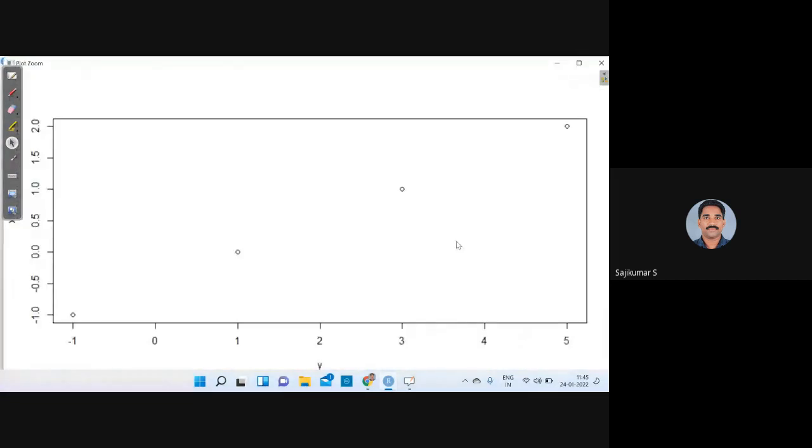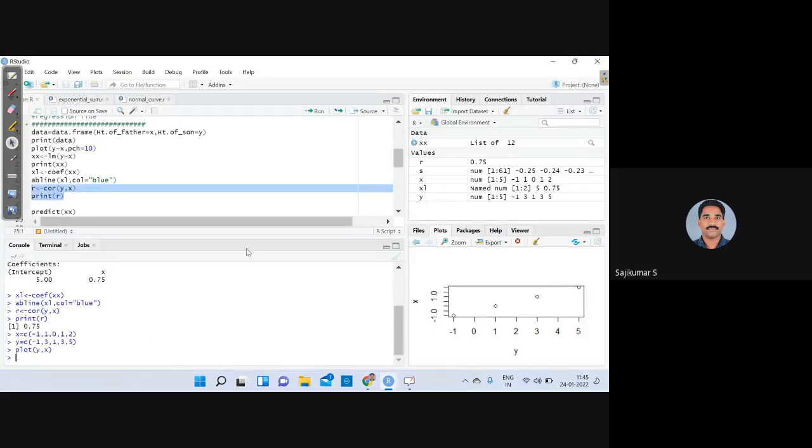This is the scatter plot corresponding to our 4 points: -1, -1, then 0, 1, then 1, 3, and 2, 5. Here x is the independent variable and y is the dependent variable.